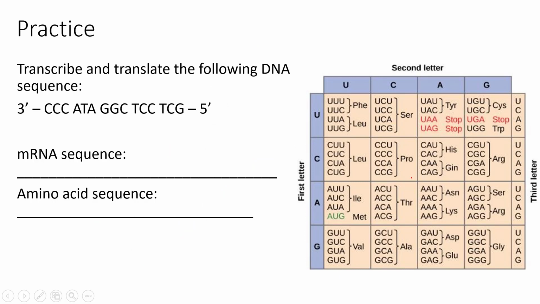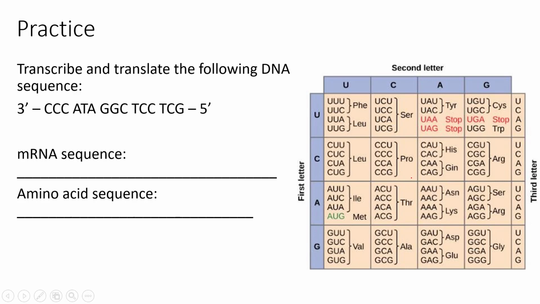This is a practice problem. It's based on the previous lecture video that you watched, where we learned about the central dogma. And the central dogma, recall, is that the DNA is first copied in the nucleus into a messenger RNA sequence by a specialized enzyme called RNA polymerase.